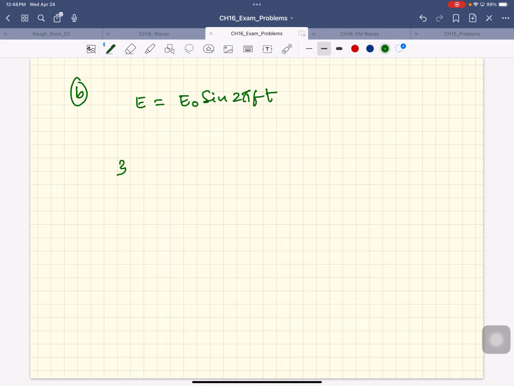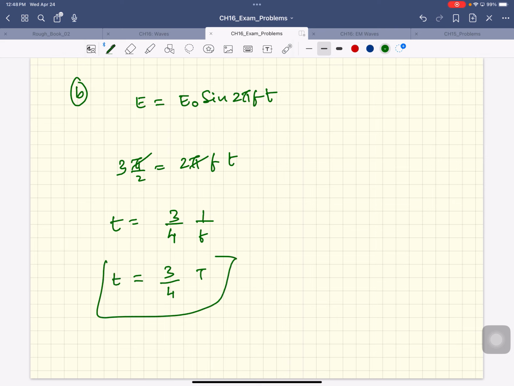So 3 pi by 2 equal to 2 pi ft, and t equal to 3/4 times 1 over f, 3/4 T. That's what we wrote. But it's easier to see it in the diagram.